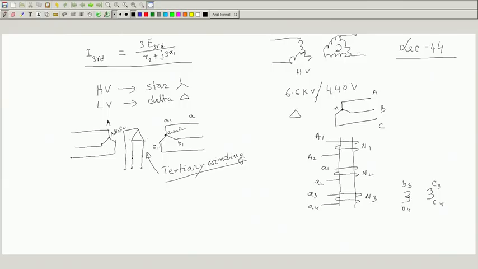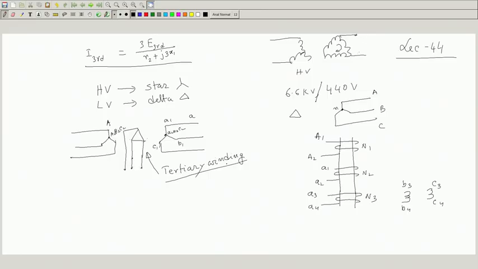Suppose some people use primary star, main secondary star, and whatever voltage you get here, you supply another 3 phase load. That is with 2 secondaries, but sometimes no load is connected. It is merely present because you provide the flow of the third harmonic magnetizing current in this winding.